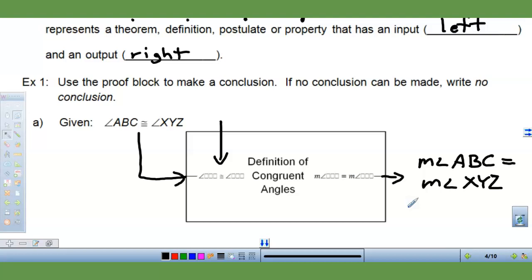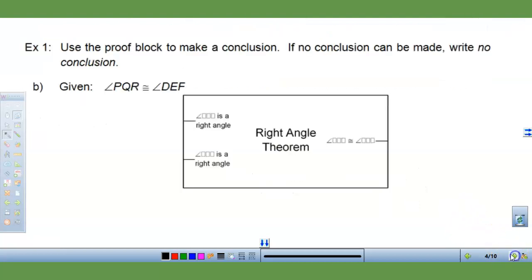Going down to the next one, does this format right here match the left-hand side of these? Now, this says two angles are congruent. This is saying this one angle is a right angle or this one angle is a right angle.